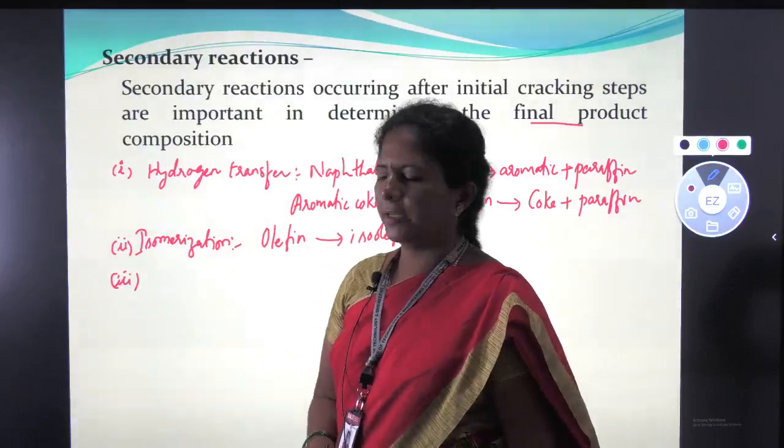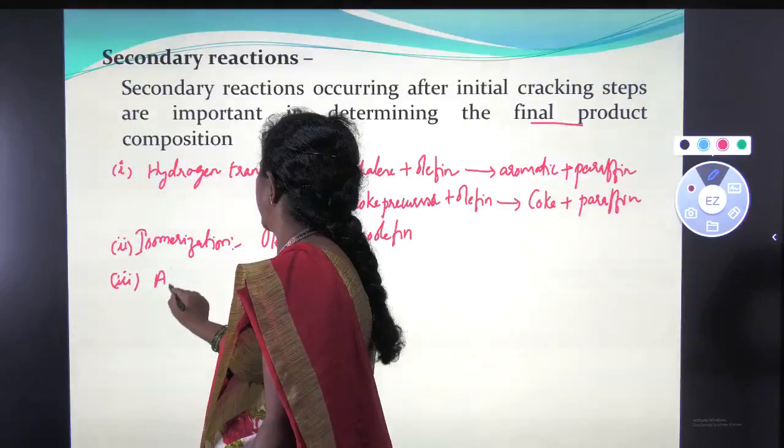The secondary reaction may also take place through alkyl group transfer.